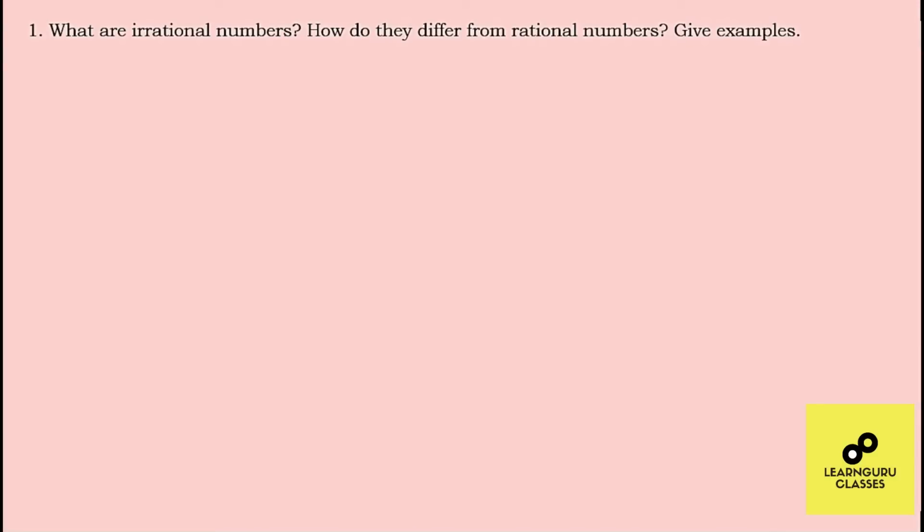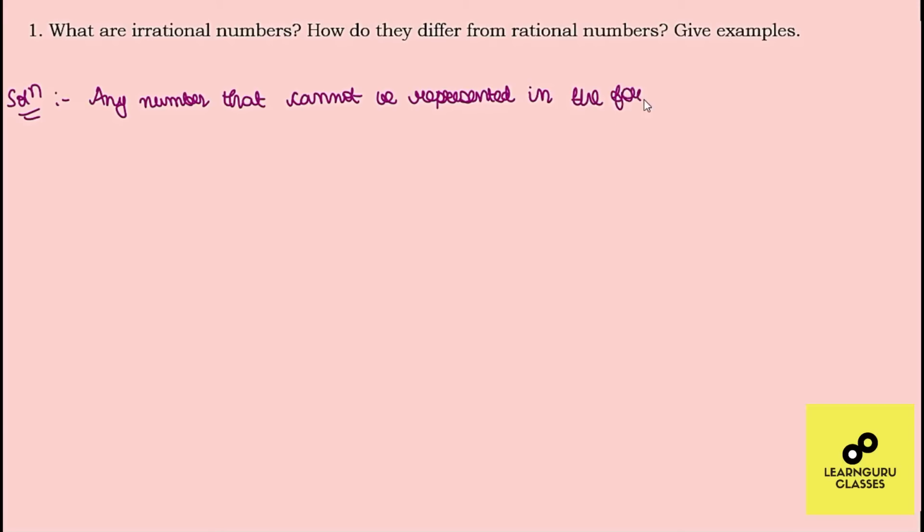The first question is, what are irrational numbers? How do they differ from rational numbers? Give examples. So you just have to write down the definition. Any number that cannot be represented in the form of p by q is an irrational number.